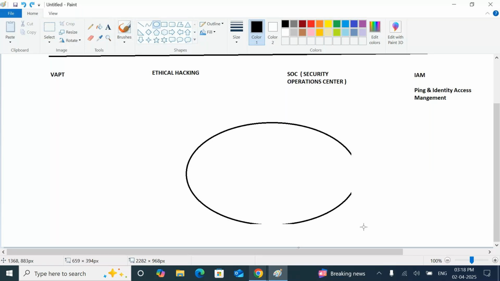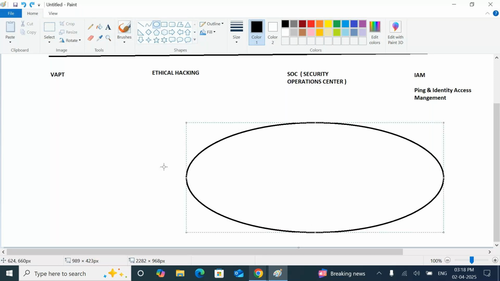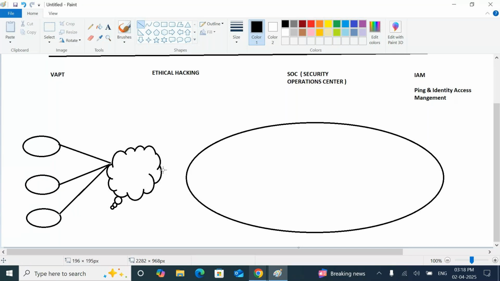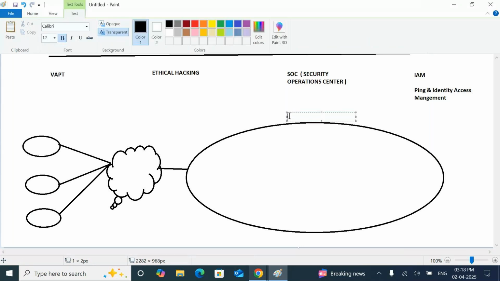There is the internet in between, and the users, sitting outside or inside the organization, are trying to access this network via the internet. All the people are accessing the network. This is a corporate network.